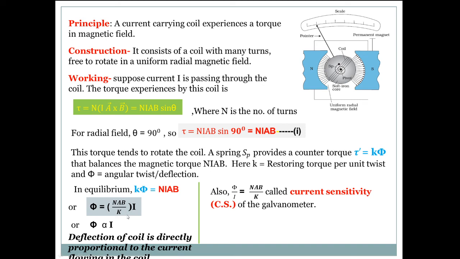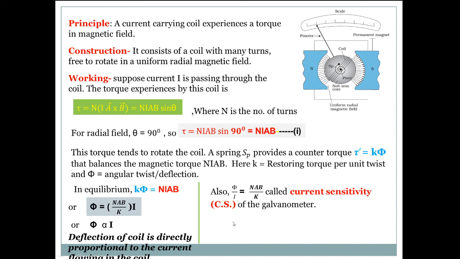We can say phi is proportional to I. That is, deflection of the coil is directly proportional to the current flowing in the coil. So that is the working of the moving coil galvanometer.